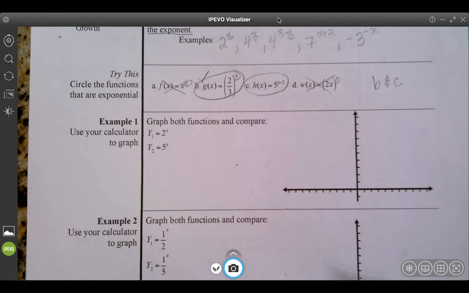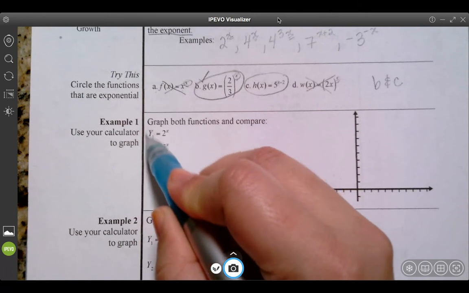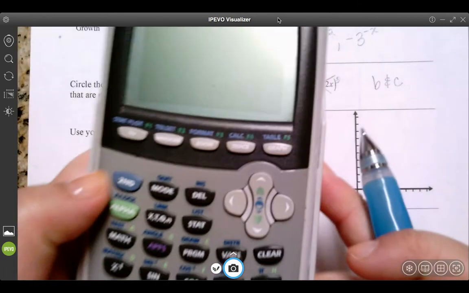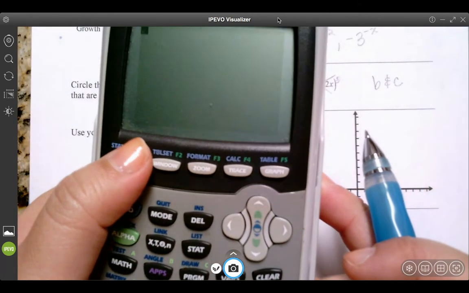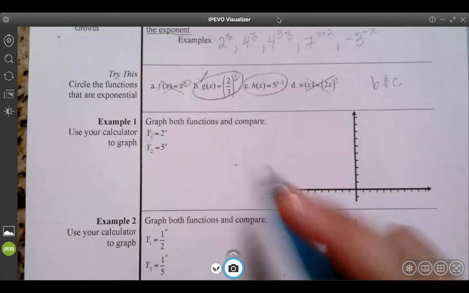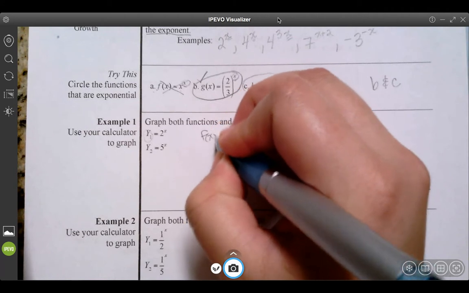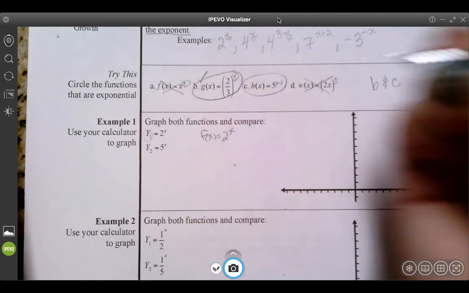Okay. So on the calculator, we're going to go into the y equals, in the top right corner of the calculator. We're going to type our first function as y1. This is the same as saying f of x equals 2 to the x, and I want to graph it.